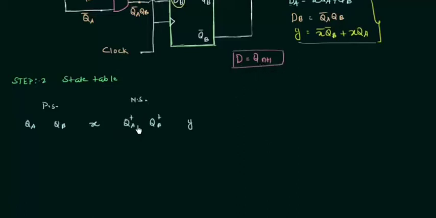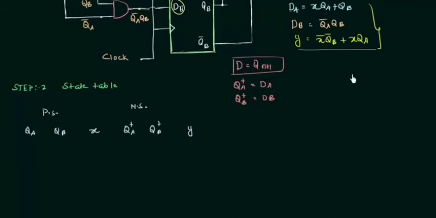Similarly, the next state value of my A flip-flop, QA plus, is equal to dA. Similarly, the next state of the QB flip-flop is equal to dB. And from the input and output equations, we have dA and dB, so we have QA plus and QB plus. In this way, we can find out our next state.